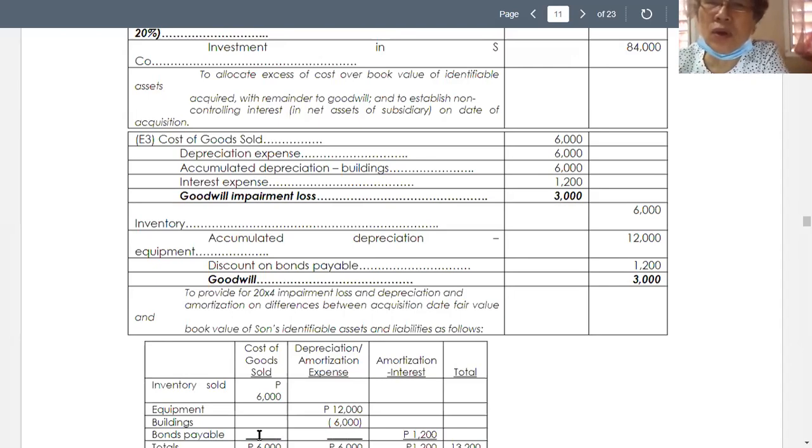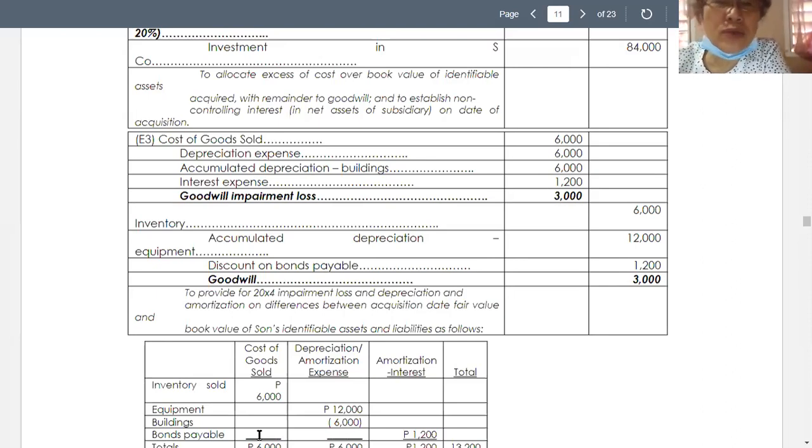This is because of the amortization of the discount for 1,200. We debit goodwill impairment loss for 3,000. Take note that the total impairment loss on the goodwill is 3,750. So these are your debits.